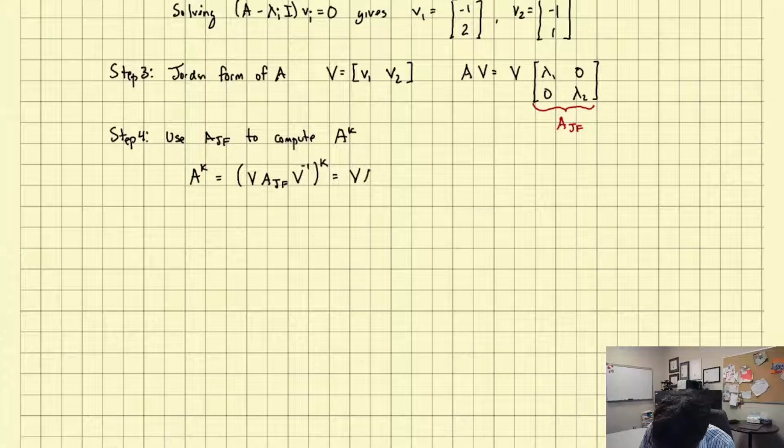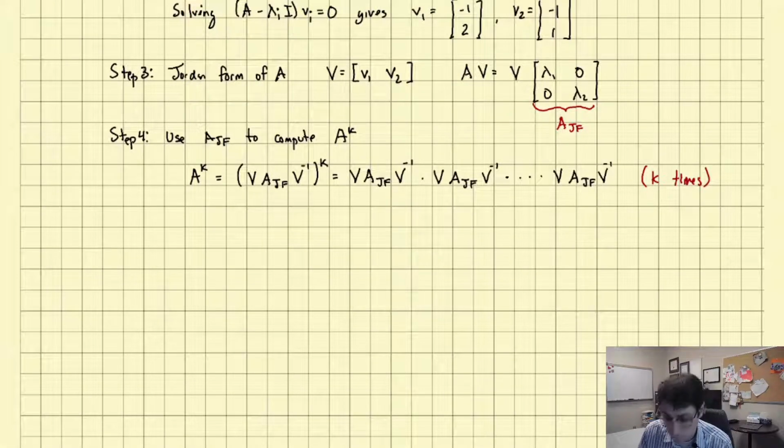Continue. What does this mean? This is the following calculation, right? K times. Okay, so let's make an observation.